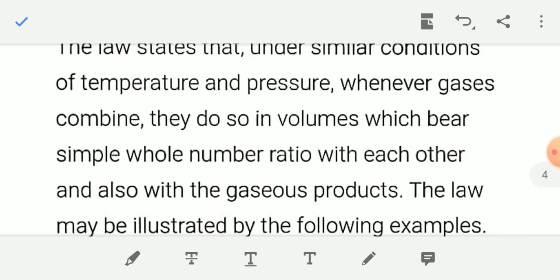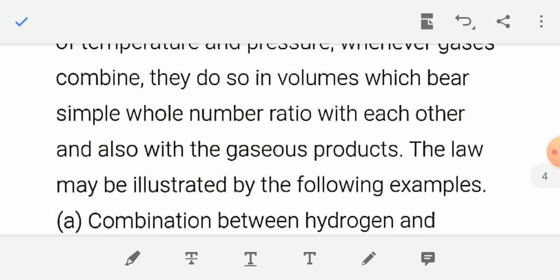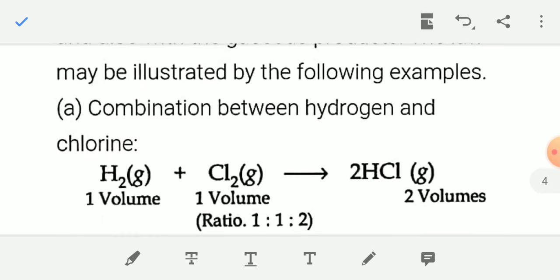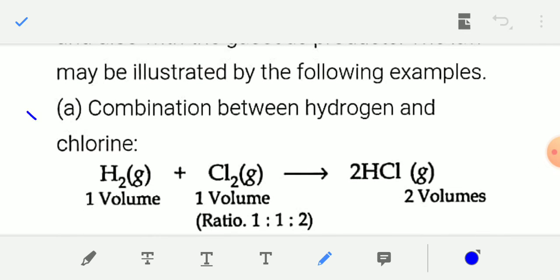The law may be illustrated by the following example: combination of hydrogen and chlorine. When hydrogen and chlorine combine, you will get hydrogen chloride, HCl: H2 + Cl2 → 2HCl. So in this reaction, one volume hydrogen combines with one volume chlorine to form two volume HCl.